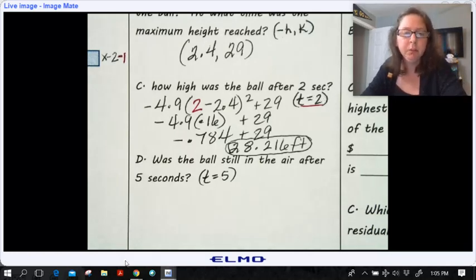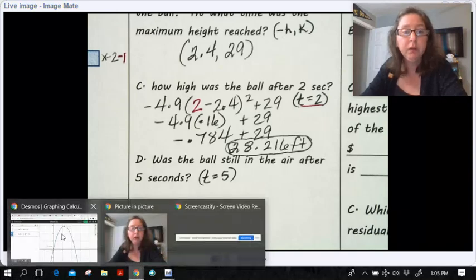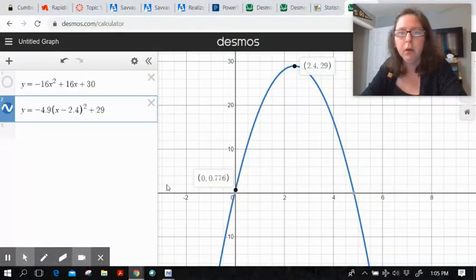Let's go look at the Desmos calculator and see how we could have done it there. So if I want to know the height of the ball at exactly 2 seconds, I can find x equals 2 and try my best to click exactly there. But if you notice, I'm at like 1.99. And then when I move it slightly, I'm at 2.02.